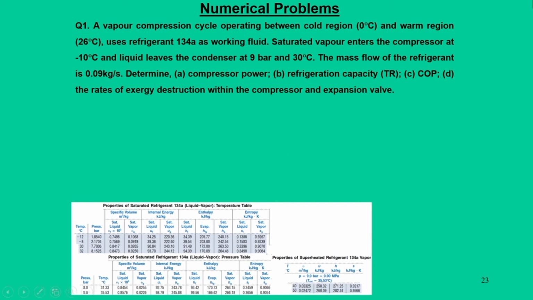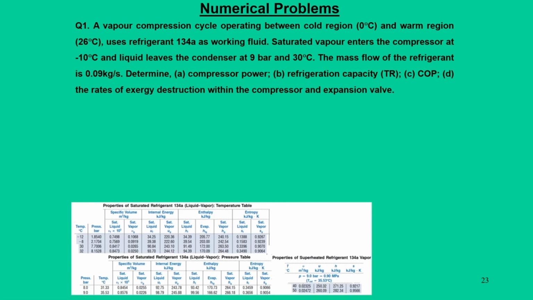The vapor compression cycle operates between the cold region, that is 0 degree centigrade, and the warm region, 26 degree centigrade, and uses the refrigerant R134A as a working fluid. Remember, this is the same problem which was discussed in the last lecture, but here the emphasis is different: we want to introduce irreversibility into the system.